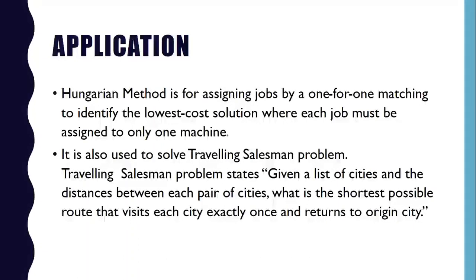Here also, it's asking for the shortest possible route, which indirectly means they want us to find the minimum cost as the optimal solution. So I think that it can be easily implemented by the Hungarian algorithm because the main point of the algorithm is to find the minimum cost.